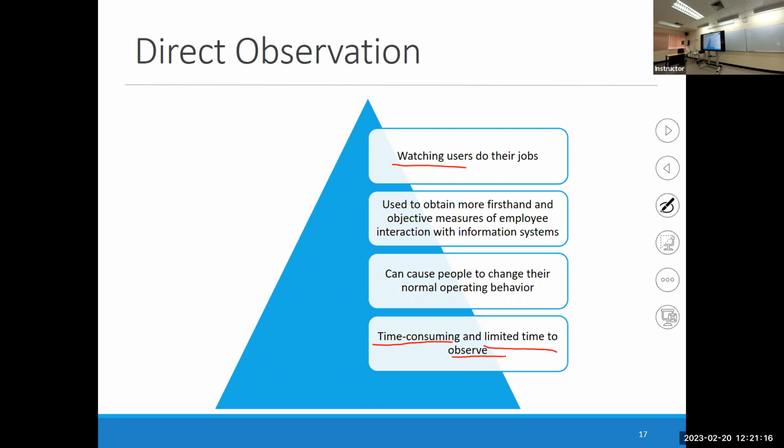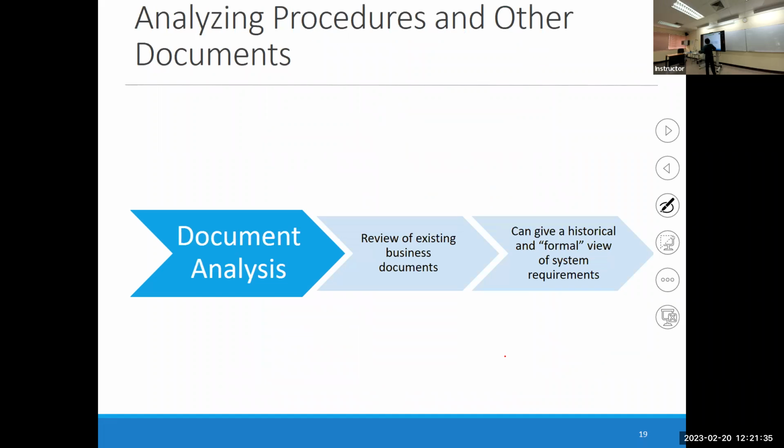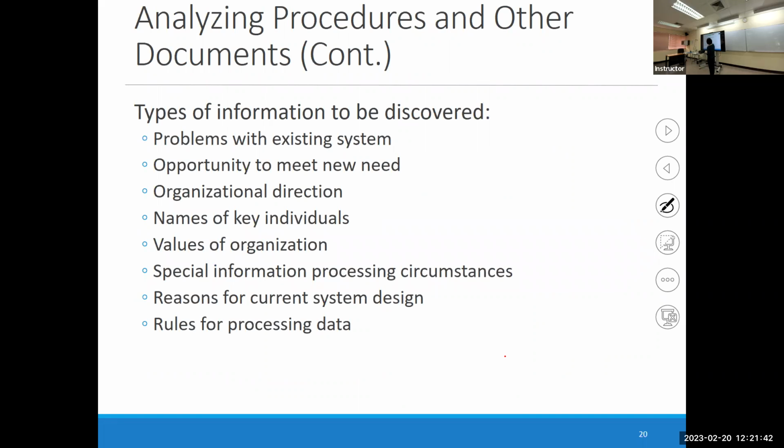So you may lack the opportunity to understand how an emergency is handled and what types of data to record. In that case, you only need an interview with experienced users. Then there is studying business documents, reviewing existing systems and so on.